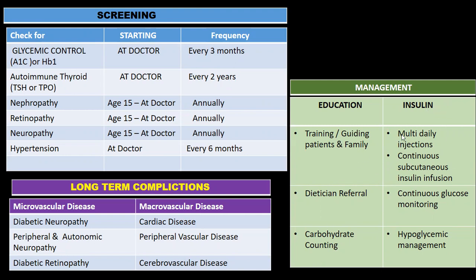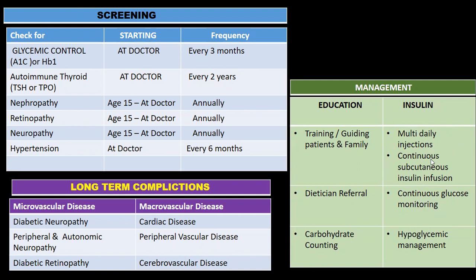Coming to insulin, it can be given as subcutaneous insulin infusions or multi-daily injections. You might have seen some patients taking injections on a daily basis, and that too in the subcutaneous part, under the skin. Then there is continuous glucose monitoring.